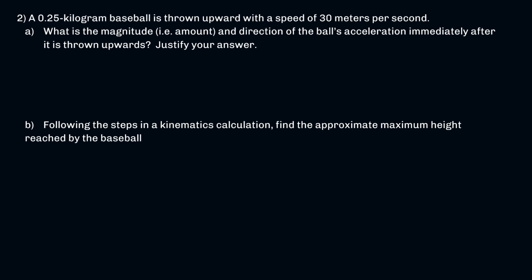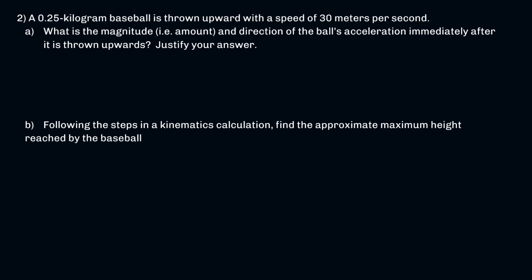Then it drops back into our hand, or to wherever it came from. So it starts off with upward motion and then slows down to 0 at that point. That's the max height, and that's all we're worrying about at this moment.